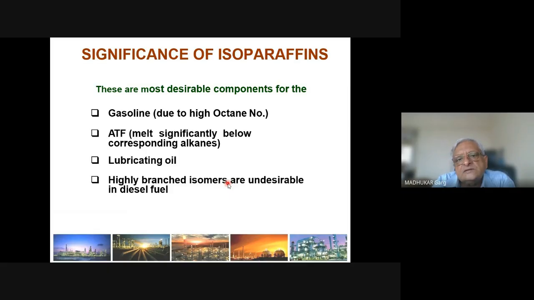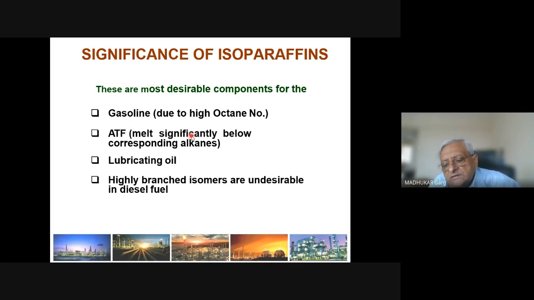Isomerization is important. Isoparaffins have a high octane number, and that's why they are a preferred paraffin in gasoline. Normal paraffins do not have a high octane number, but branched paraffins do. And if you look at jet fuel, here again, if you have isoparaffins, the melting point goes down.